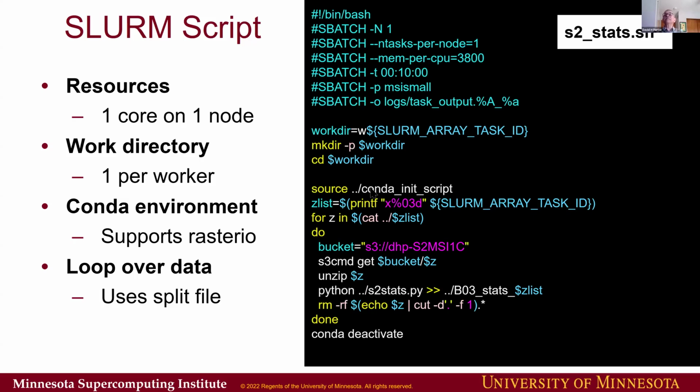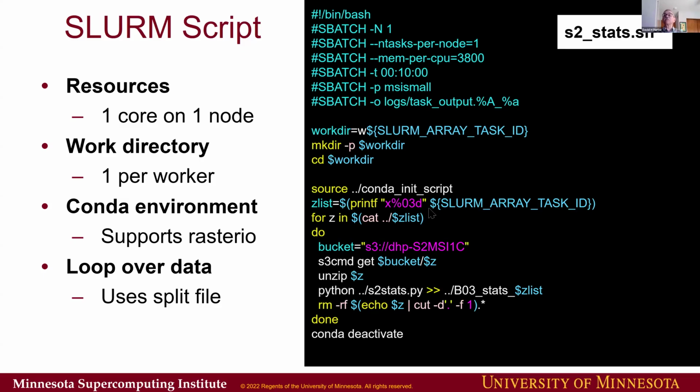I have a Conda environment that I've built that will support the rasterio set of modules under Python that we'll use for reading in the image data. Then I get the zip file based again on the task ID number.